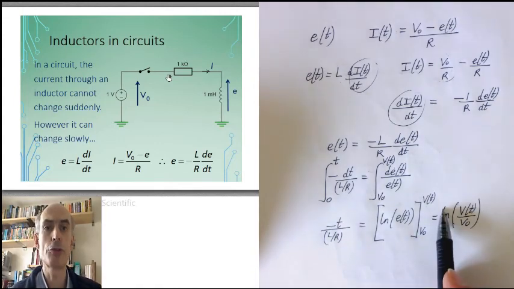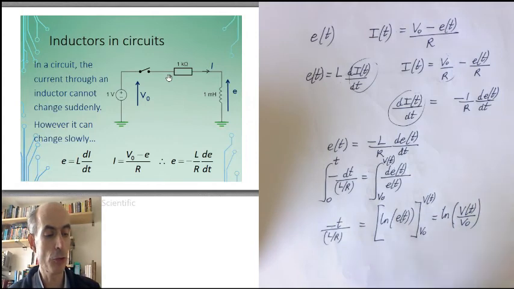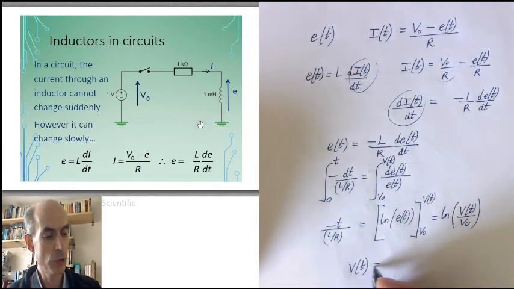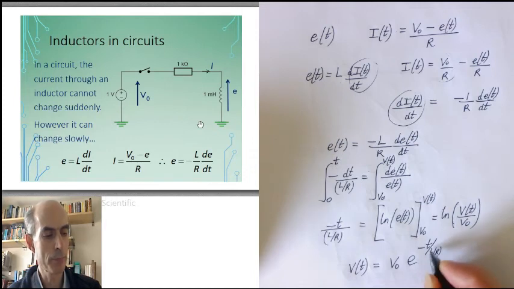Take the antilog of both sides and multiply up by V0, and we end up with V of t, the voltage across the inductor, is equal to V0 times e to the power of minus t over L over R.